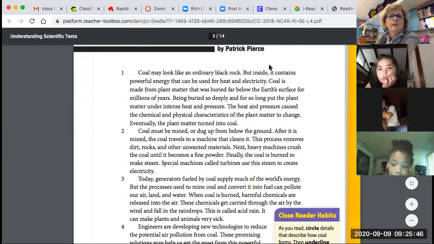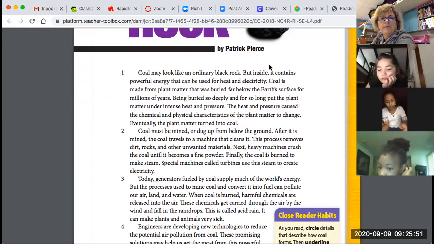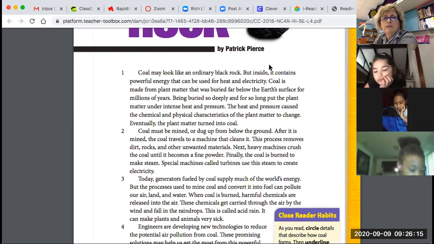It says, coal may look like ordinary black rock, but inside it contains powerful energy that can be used for heat and electricity. Coal is made from plant matter that was buried far below the Earth's surface for millions of years. Did you know that coal was made from plants? Nope. Okay, new information. Let's log that into our brains. Being buried so deeply and for so long, the plant matter was under intense heat and pressure. Have we heard that somewhere before?